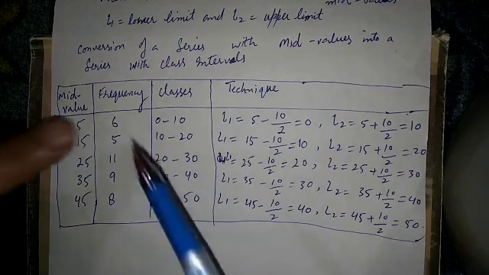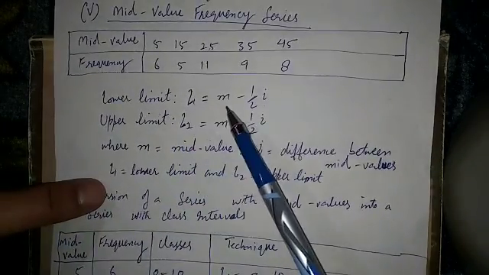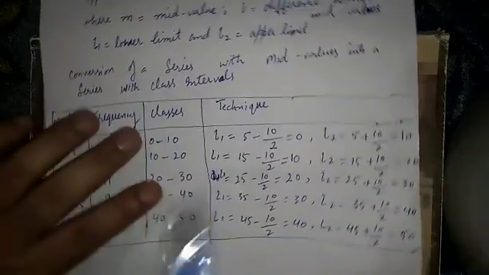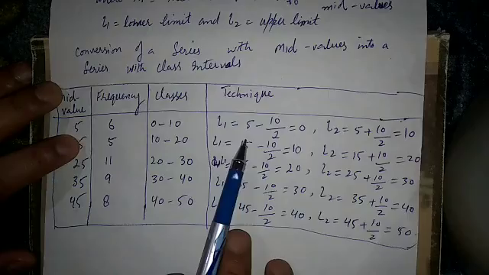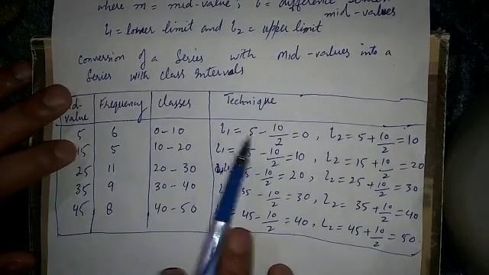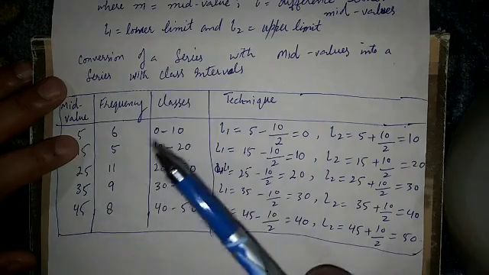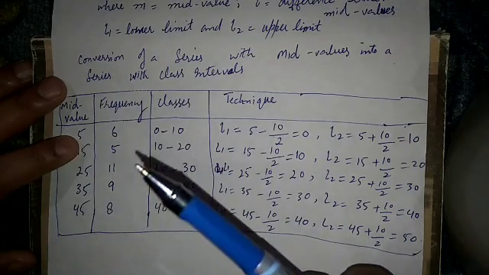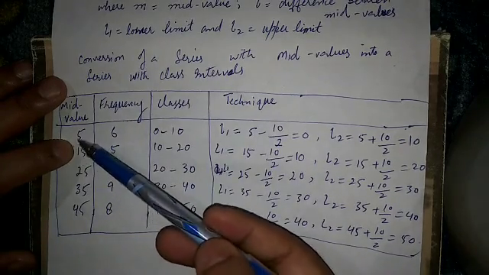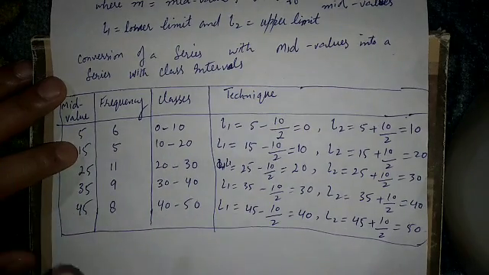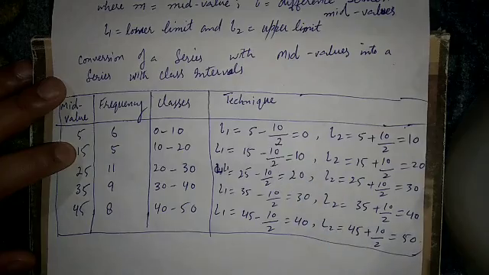We already have the formula: L1 is equal to m minus half of I. Here m is the mid value, 5, and I is the difference between mid values, 15 minus 5, that is 10, and half of 10 is 5.